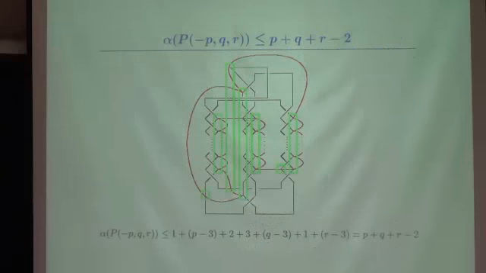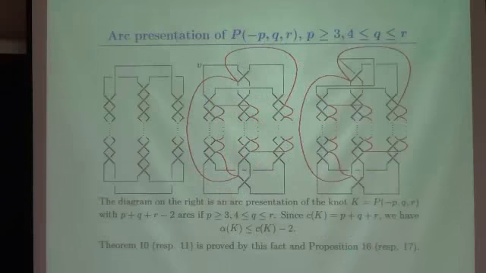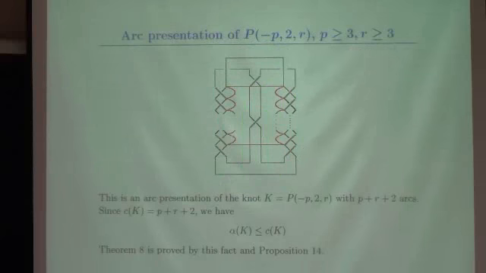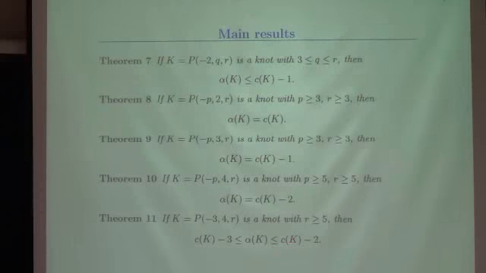And that gives, on the leftmost case, one crossing, the next one is p minus 3, and the next one is 2, and the next is 3, and the next q minus 3, 1, and r minus 3. That gives you p plus q plus r minus 2. The deficiency is 4. So for theorem 10 and 11, the upper bound is ck minus 2.